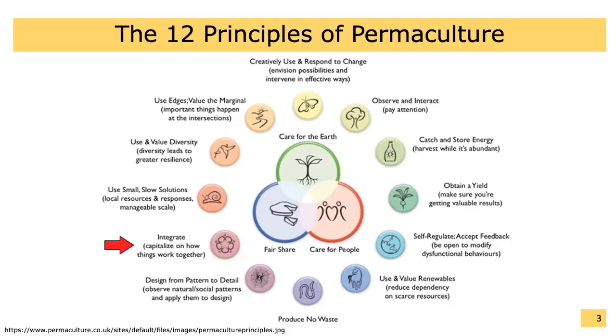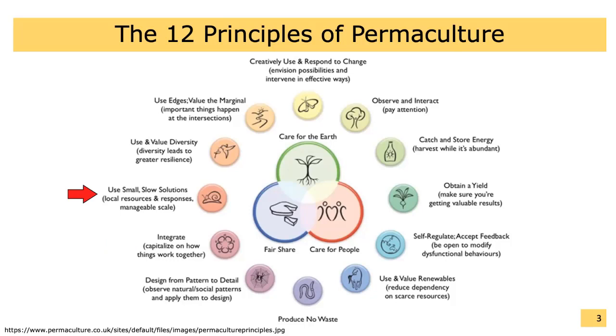Integrate. This principle recommends taking advantage of natural symbiosis that exists between different plant species or between plants and organisms or between plants and animals so as to achieve mutually supportive integration of these components. Other practices such as bee farming or poultry or fish farming should be integrated into permaculture to take advantage of their beneficial effects.